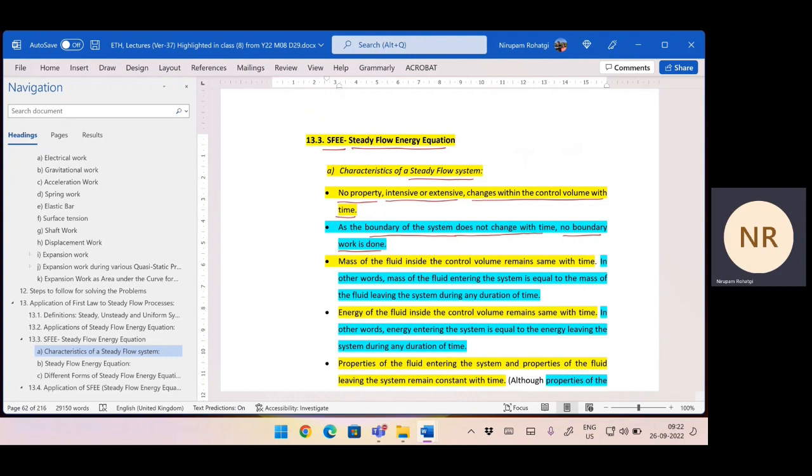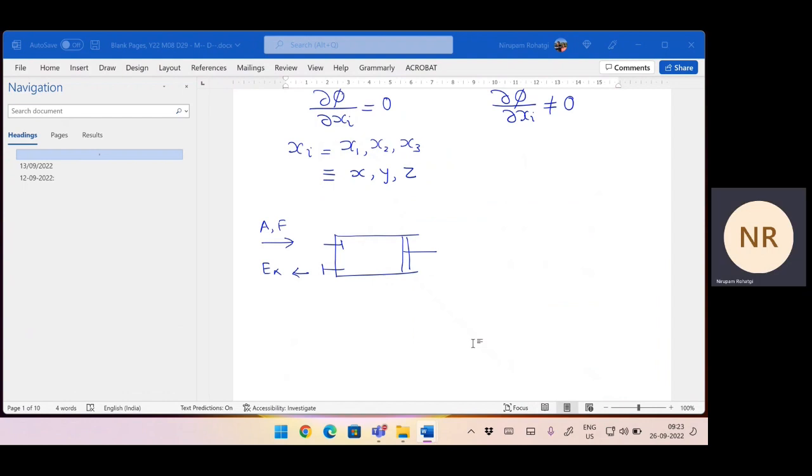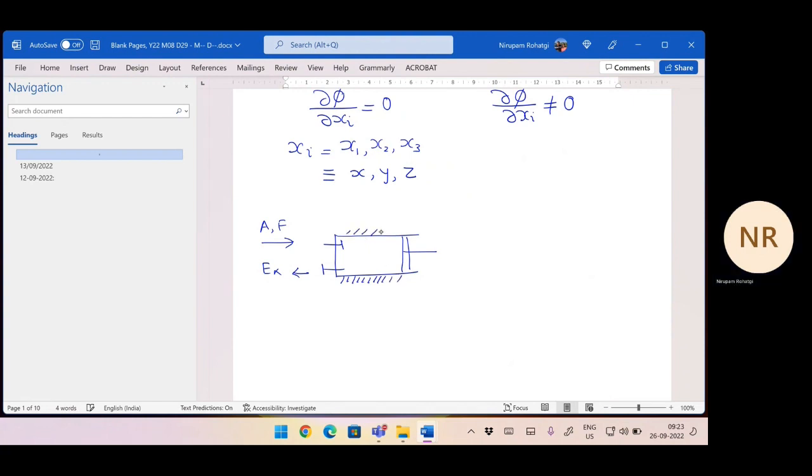Unlike a closed system which changes size. If you see these two systems, on the left is an open system and these boundaries are rigid boundaries. So at these boundaries, no work will be done because F into delta X is required. But if you have a moving boundary, work can come out from there.